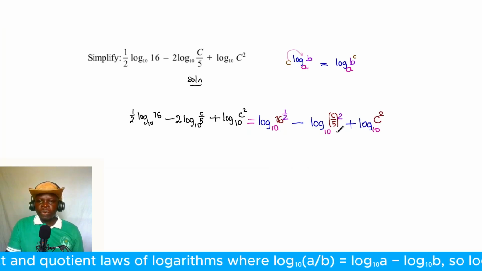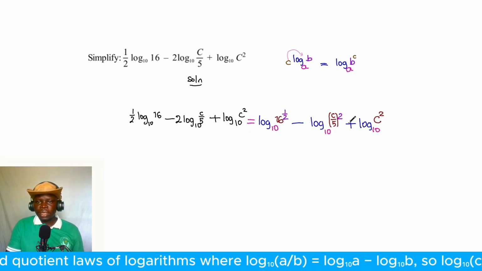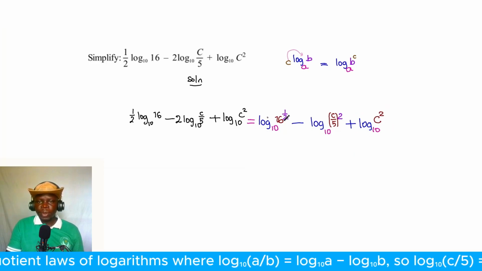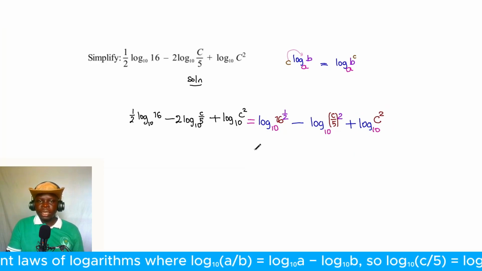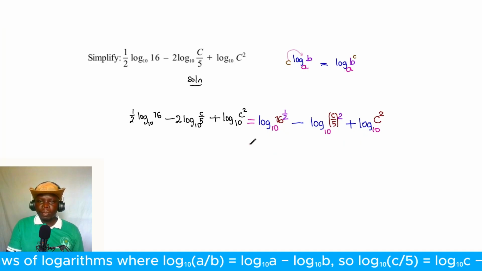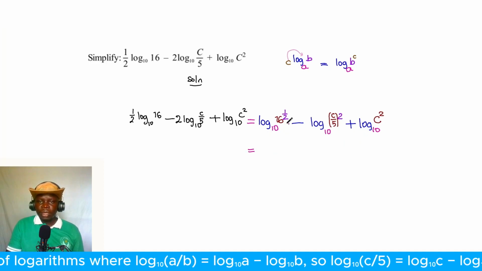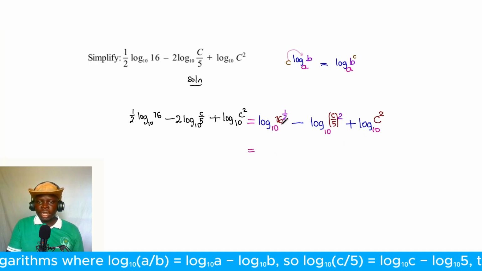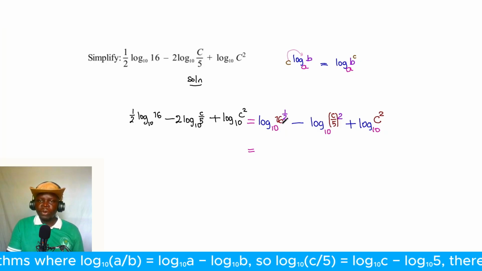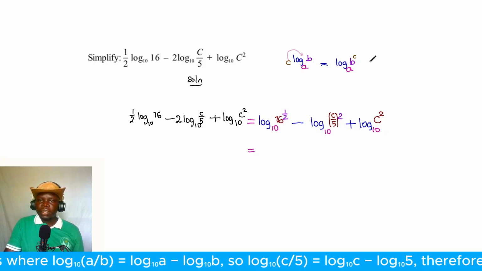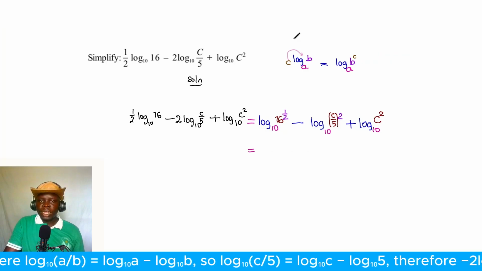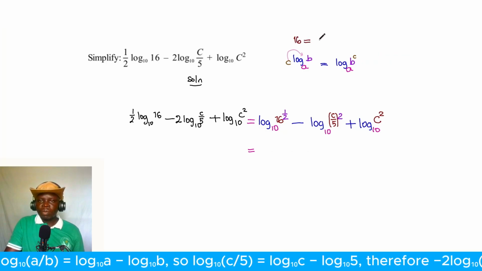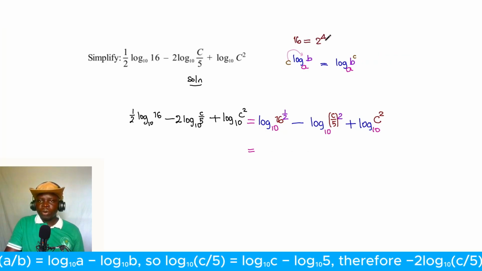Now, the next thing we have to do is handle the first term separately before subtracting. Let's recopy the first term here, at the same time writing this 16 in an index form, and we know that 16 is the same as 2 to the power of 4.